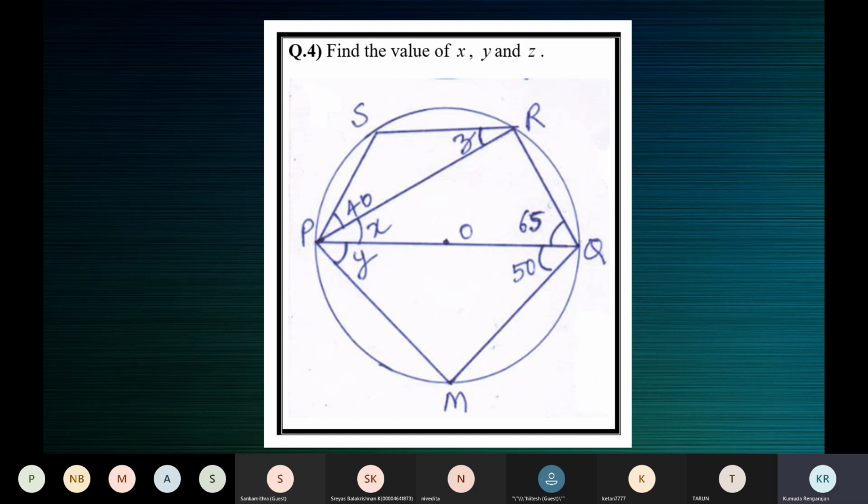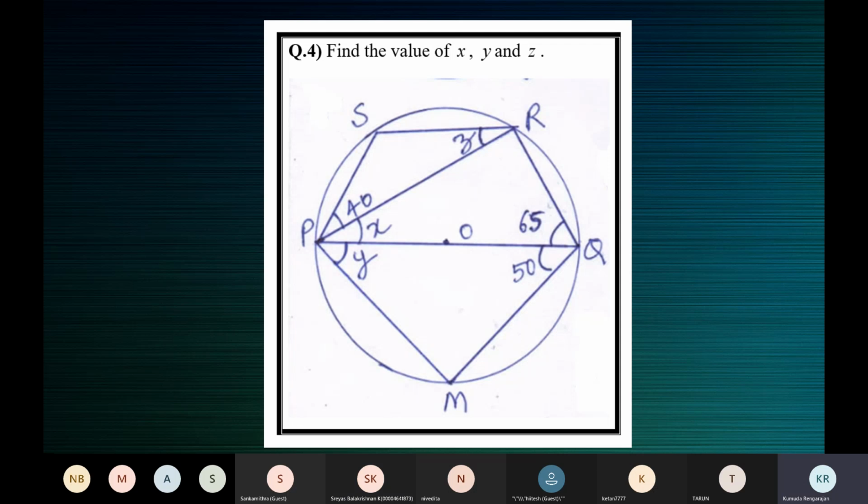X, Y, and Z. Name the cyclic quadrilaterals in this figure. PSRQ and PRQM.